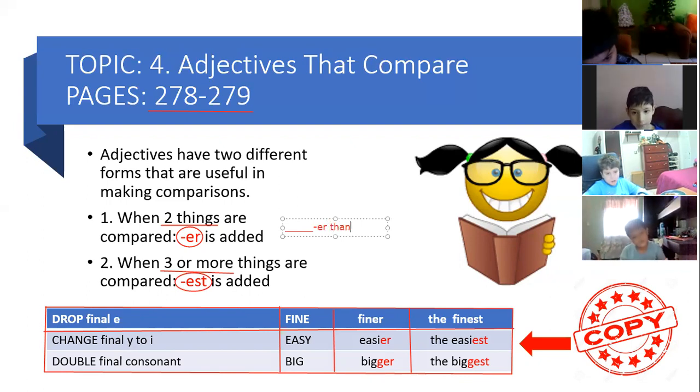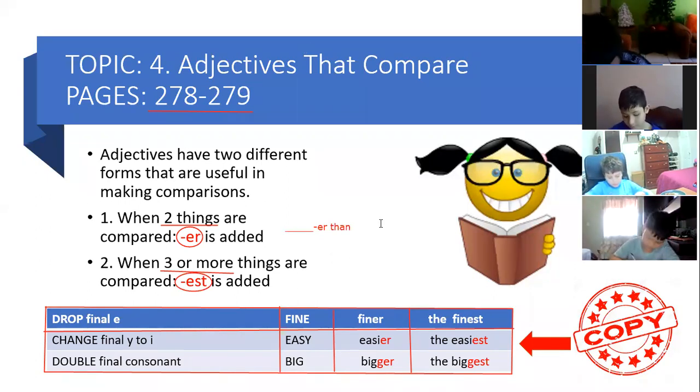But also you need this word, like easier than, bigger than, smaller than. So that's a pattern. Slower than. Okay, that's a pattern.